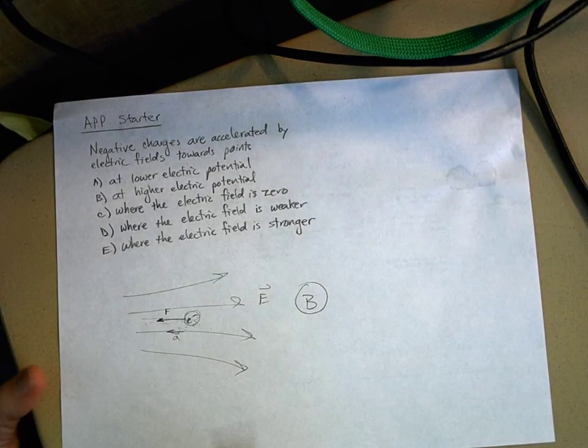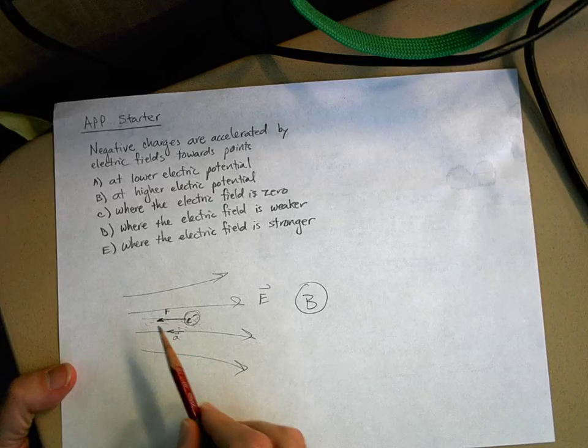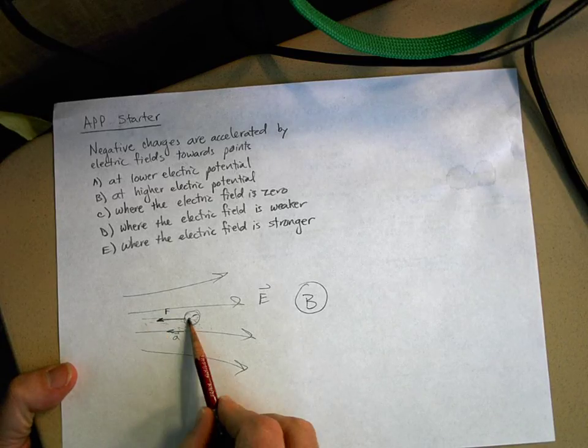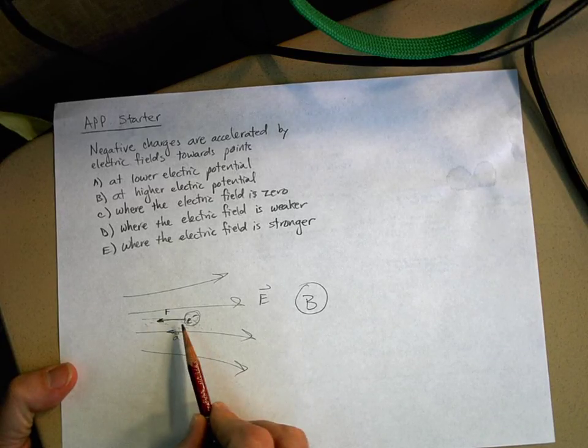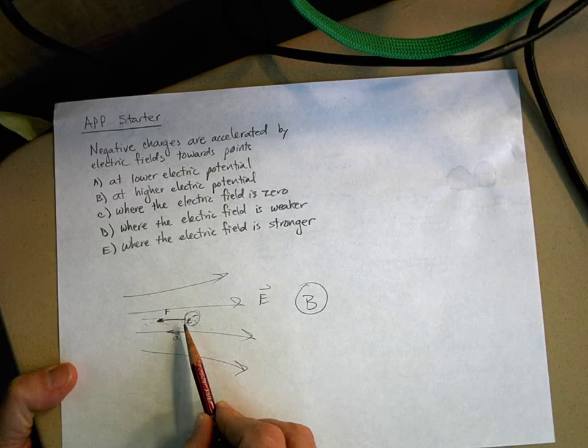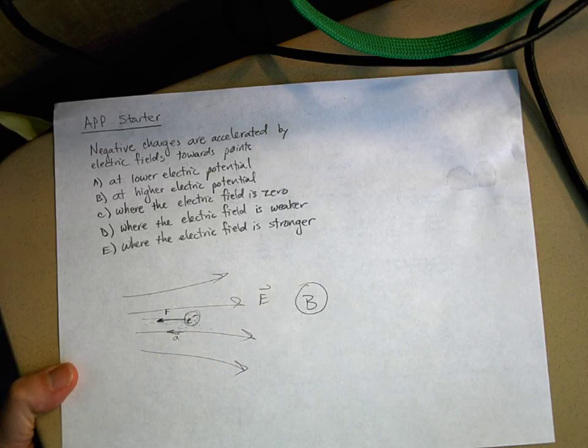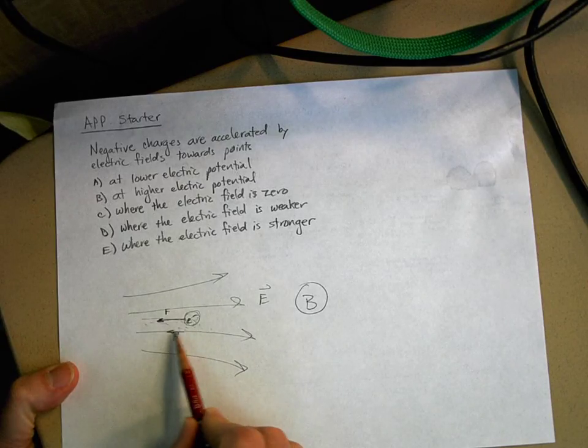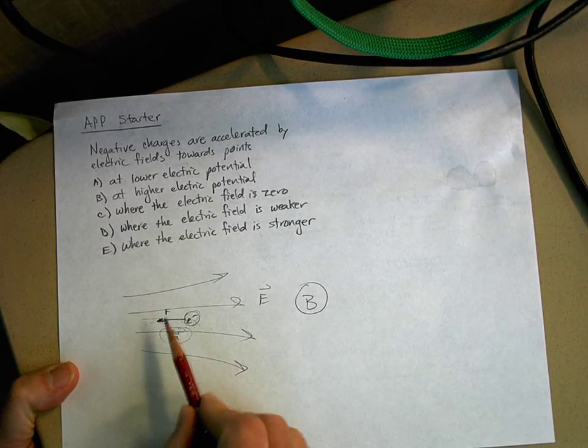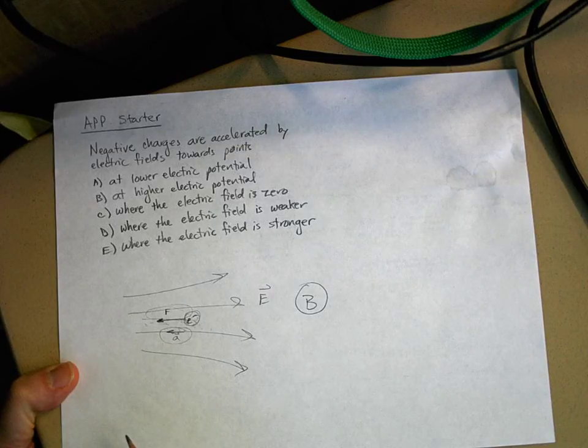Remember that the big idea here is, first of all, that the electric force is in the opposite direction for a negatively charged particle than it would be for a positively charged particle. The other big idea is the acceleration will be in the same direction as the force.